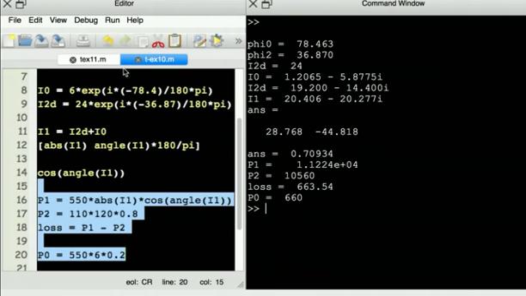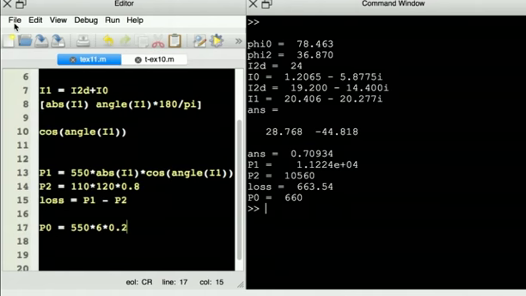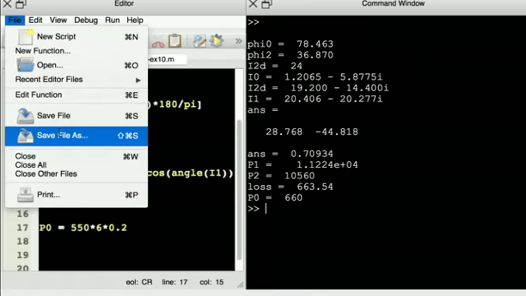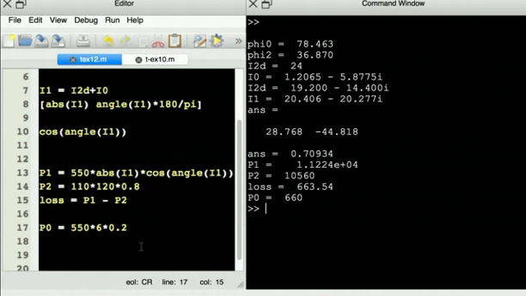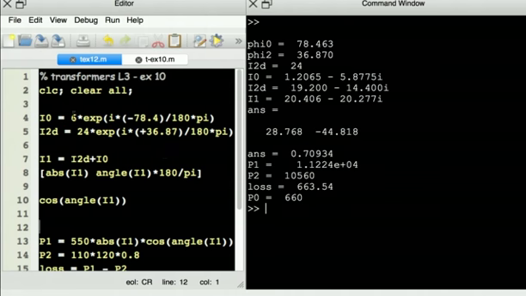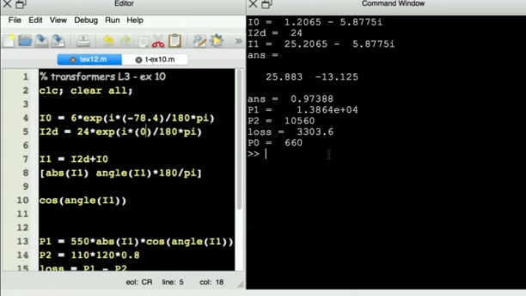I copy this code here. Let's call it example 12. So what are the changes? Instead of angle I2 dash plus 36.87, I'll just give the angle of 0 degrees. That's all. Now if I run this, I'll get the final solution.